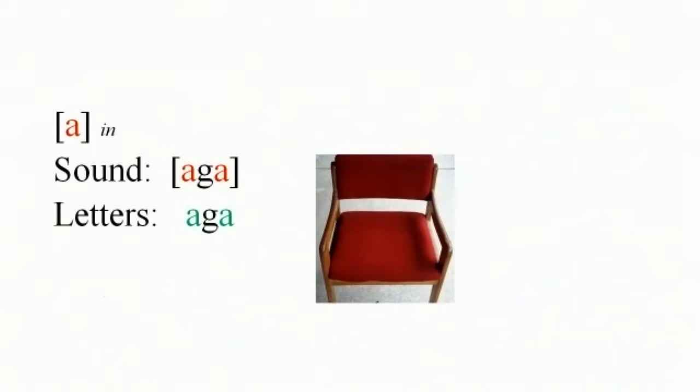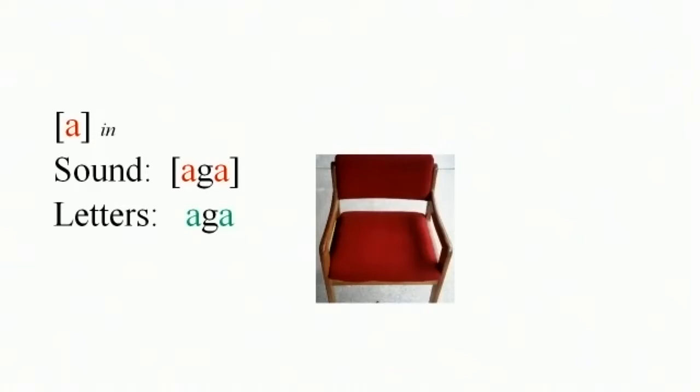You can see the sound written in red there, and the letter, the appropriate letter in green. So the sound A is represented by the letter A of the Roman alphabet, as you have it in gbare.